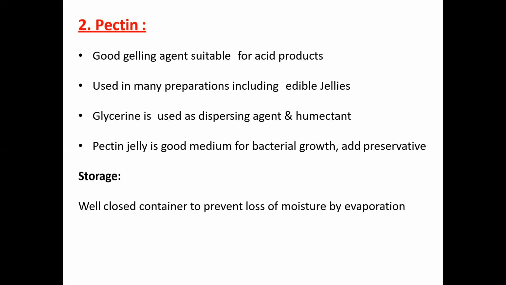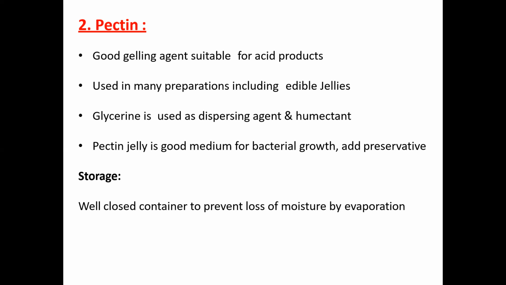Mostly pectin is used for products which are acidic. So for any acidic drug or acidic product-containing formulation, we add pectin as a good gelling agent. It is also used in edible jellies, and glycerin acts as a dispersing agent and humectant in the formulation of jellies.